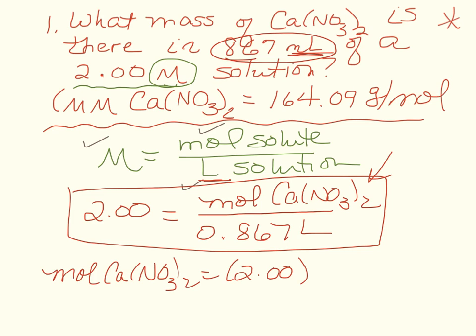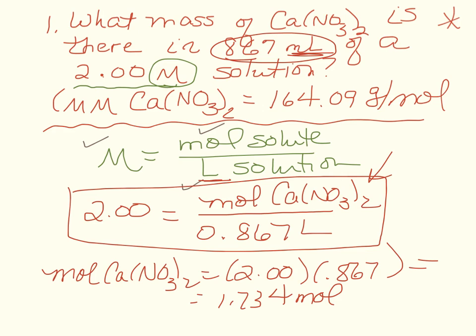Multiply both sides by 0.867. Okay. And that means the moles would equal, let's see if I multiply by 2 in my head. Okay, 1.734 moles of calcium nitrate.